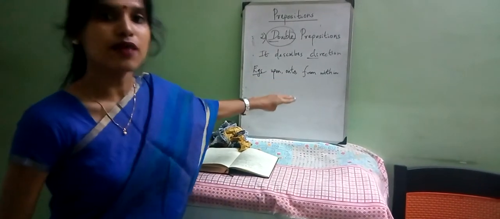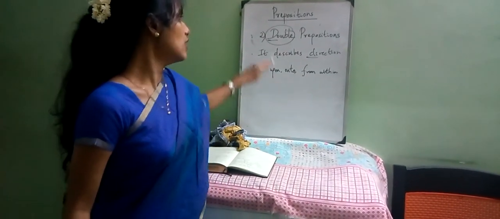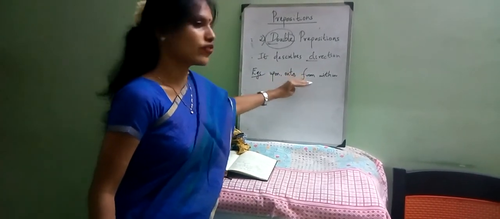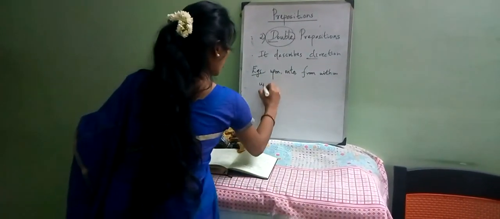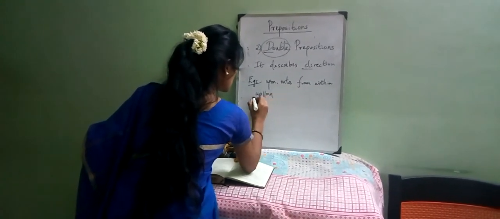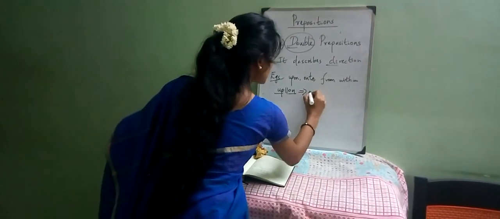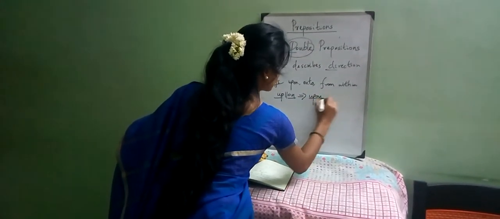These are some of the examples for double prepositions. So upon, onto, from within. If you take up, on, these are two simple prepositions joining together as one double preposition.